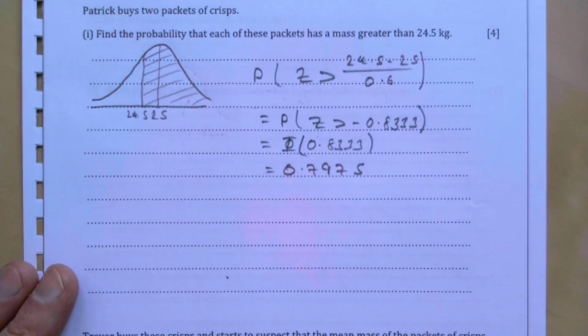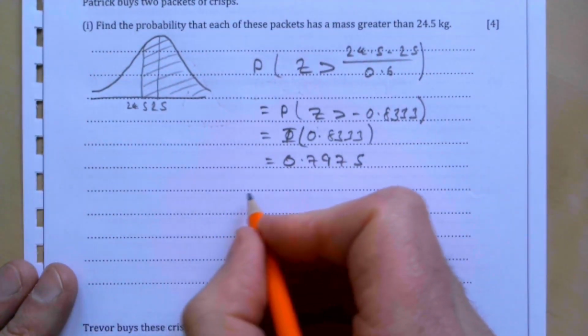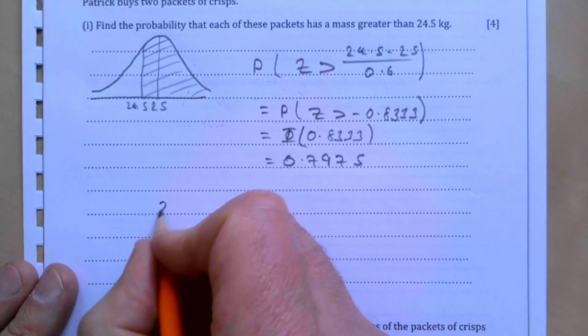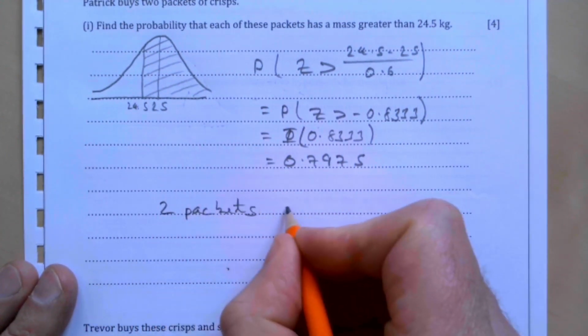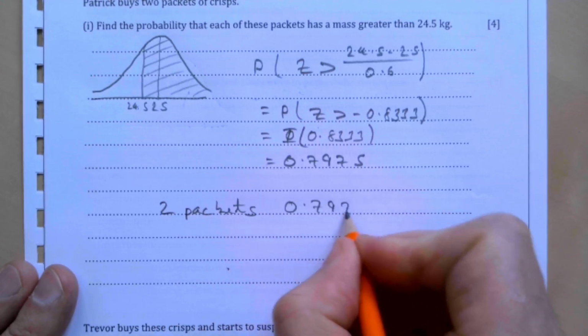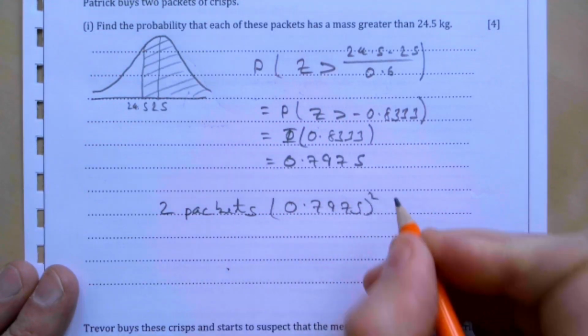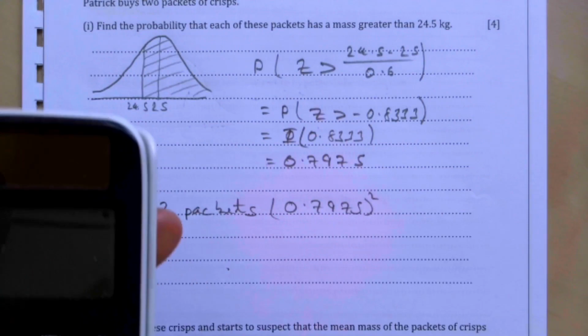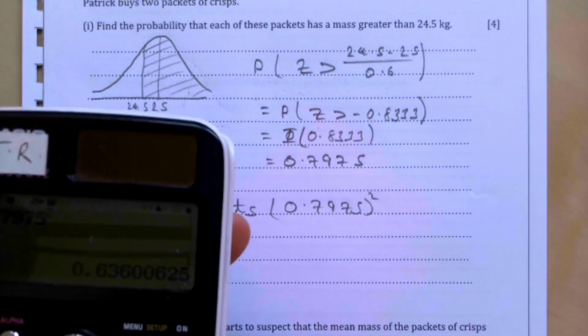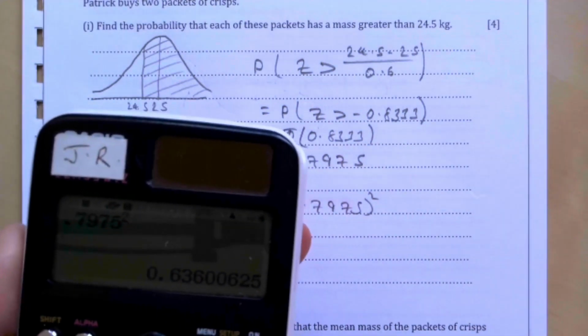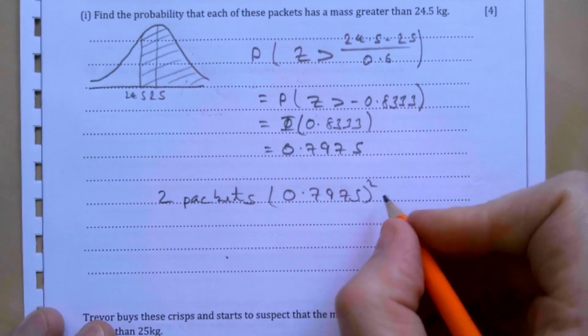So that's the probability of 1 bag of crisps being like that. For 2 packets of crisps then, squared is 0.636.